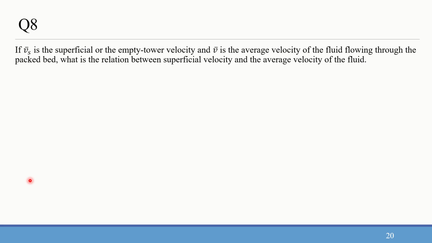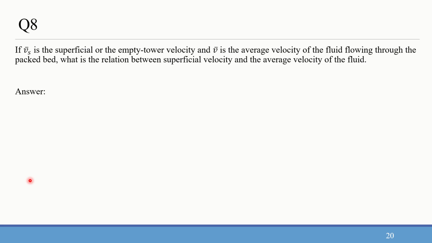So as we all know, Vs is the superficial velocity, and V bar is the average velocity. So V bar, the average velocity, will be Vs by the void fraction.